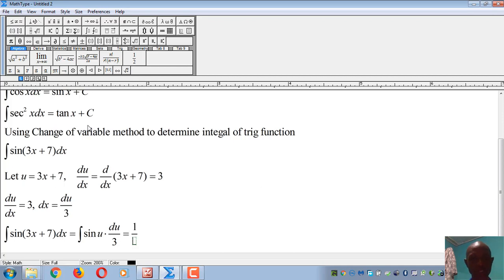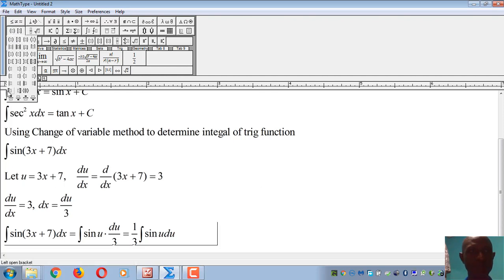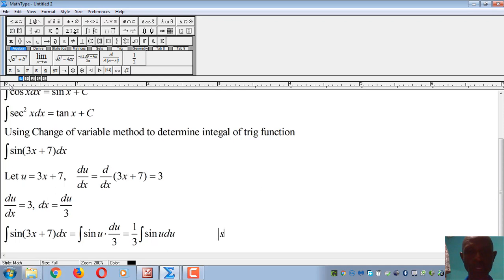That will be 1 over 3, which is a constant, times sine u du. So it is easier now because we know that the integral of sine u du is the same thing as minus cos u plus your c.